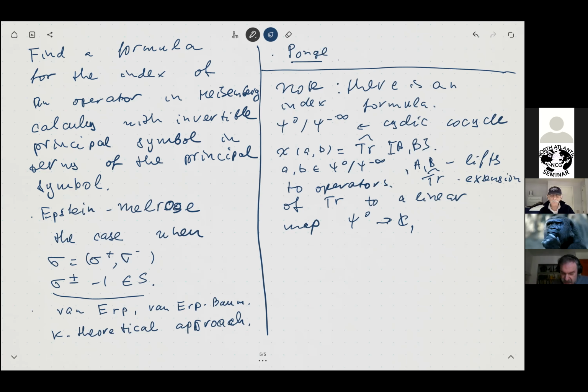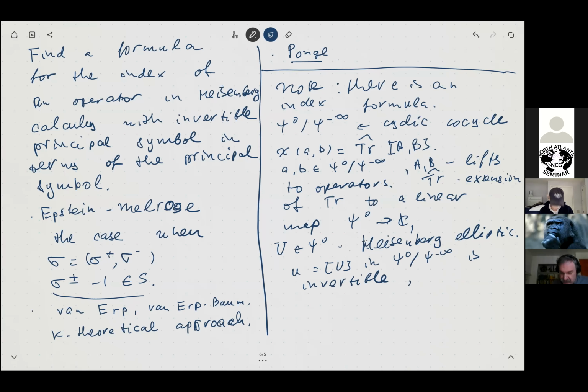And then if U is, let's just say, Heisenberg elliptic, then the class of U in the quotient is invertible.